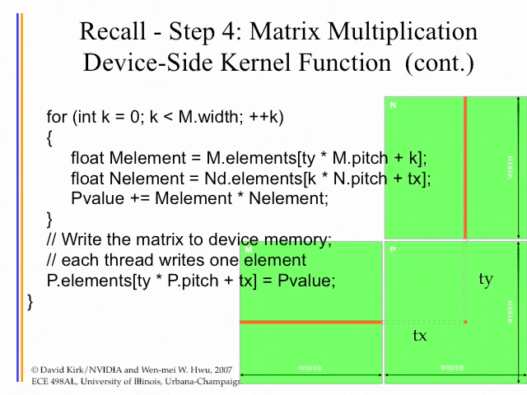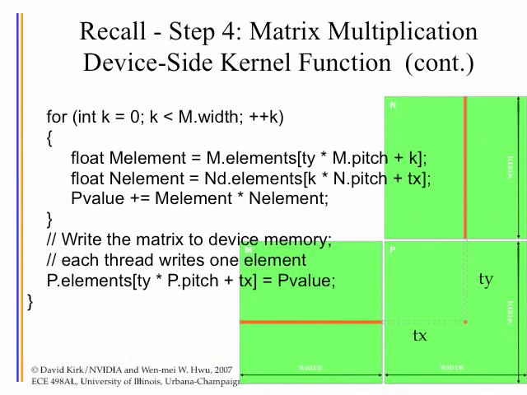Let's do a little bit of review here. Remember in step 4 of the matrix multiplication, we actually do the device side kernel function. In this function, we generate these kernels. Each kernel will generate one thread that calculates one element of the result array.